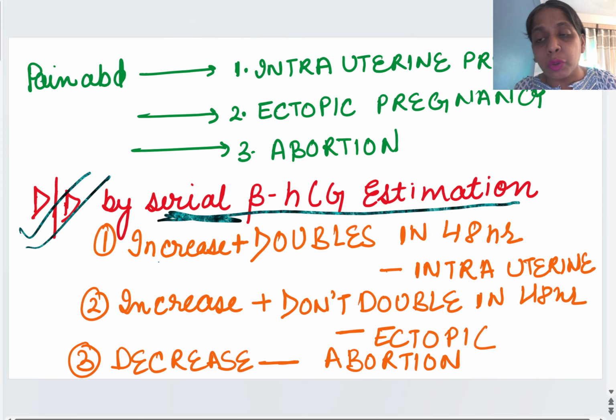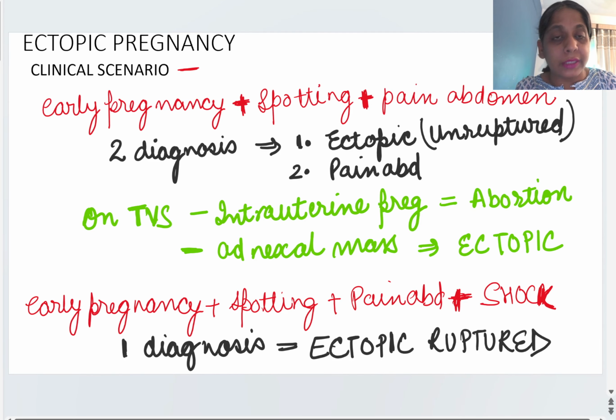Now let's go to ectopic pregnancy. In ectopic pregnancy, it is a case of early pregnancy, and the patient comes with spotting and pain abdomen.